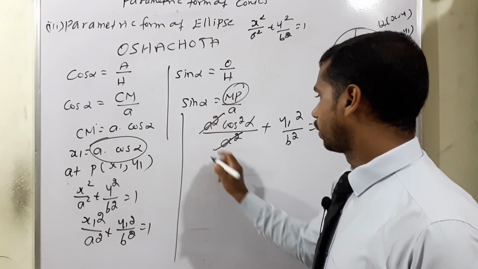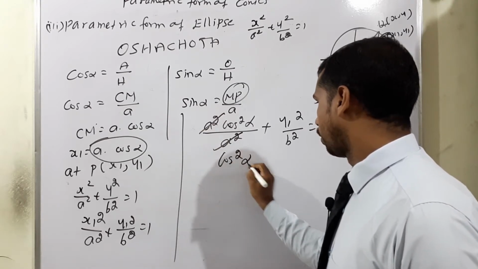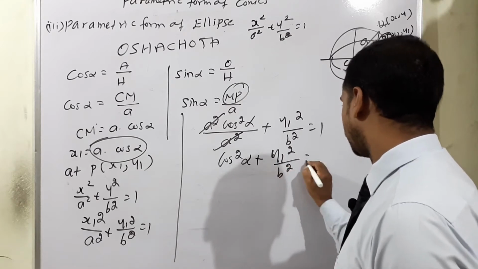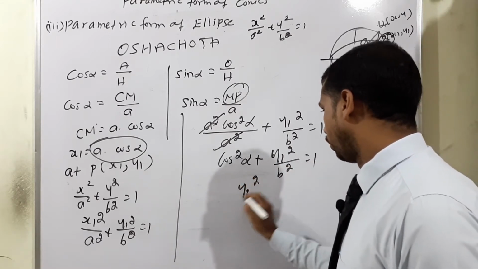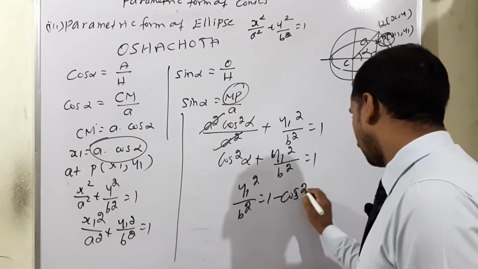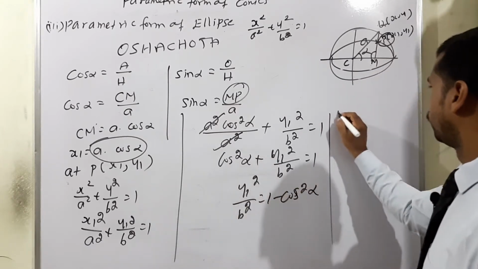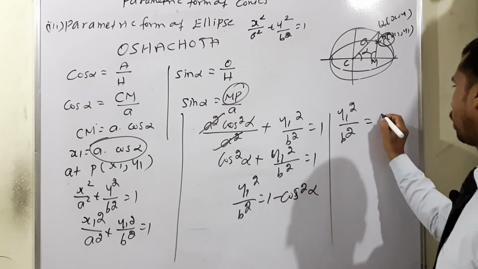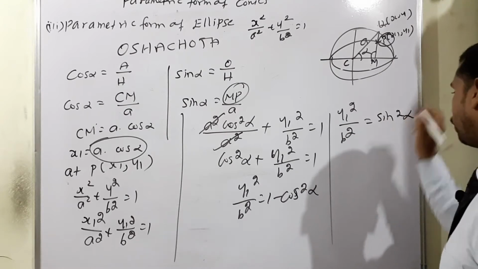So A square cancels, therefore cos square alpha plus y1 square divided by b square is equal to 1. Again, y1 square divided by b square is equal to 1 minus cos square alpha, which we can write as sin square alpha.